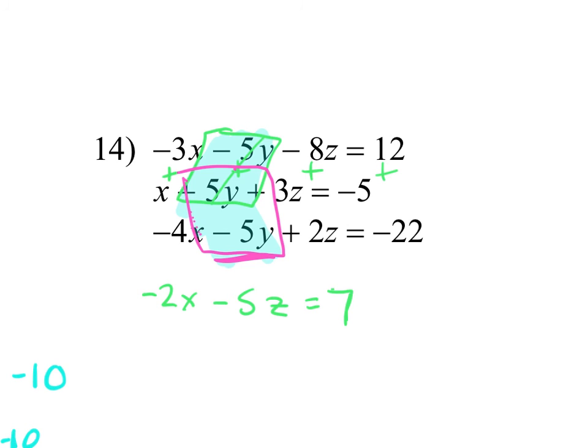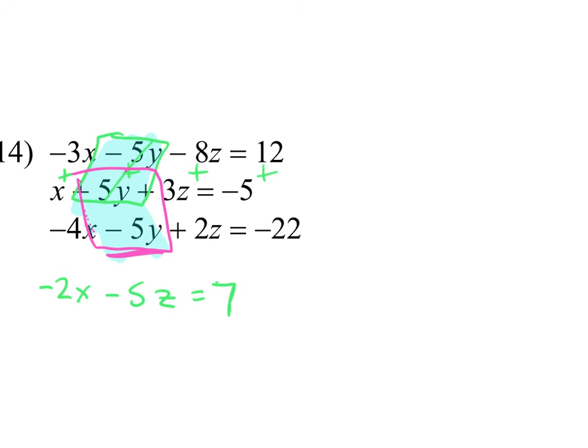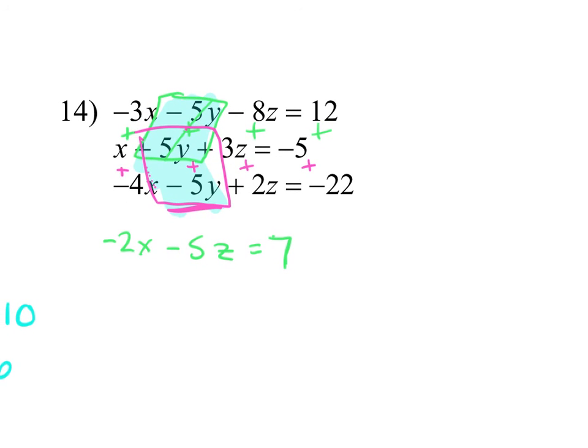So once we work with the first 2 and get our new equation, we go back and do the same thing again with a different set of 2 equations. One of them we're going to reuse, the other one has to be the new one. So we do the same thing, combine all of our like terms. What is x minus 4x?